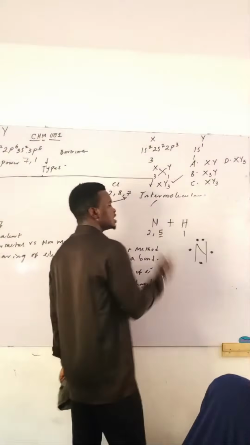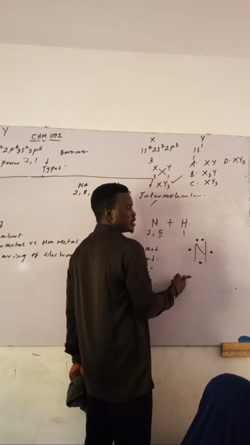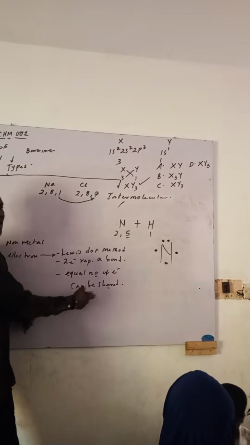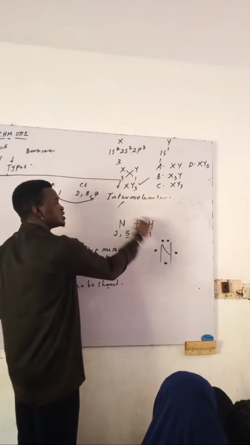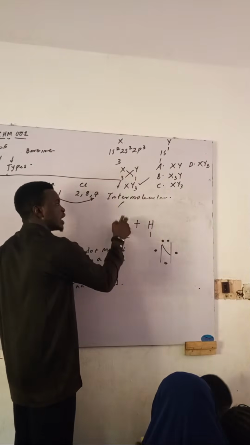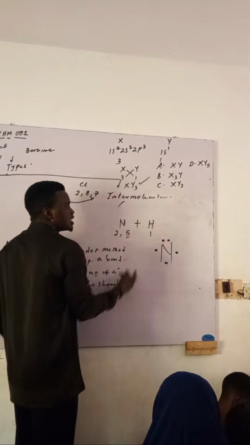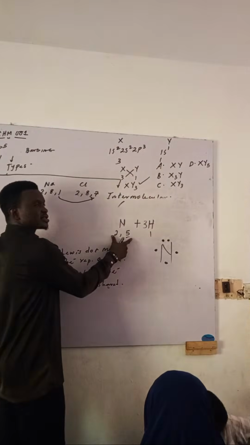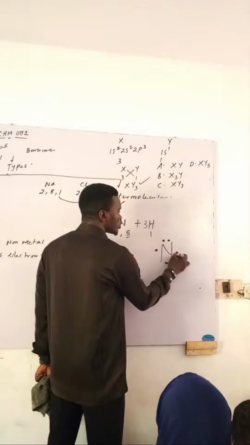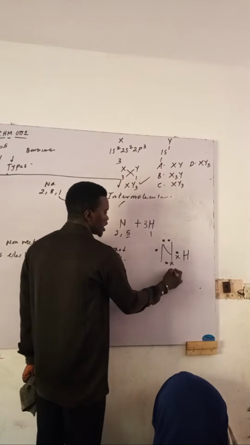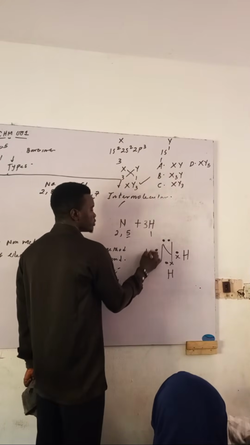But nitrogen needs 3 electrons, and each hydrogen shares 1, so there must be 3 hydrogens. One hydrogen will come and share 1, another will come and share 1, and another will come and share 1.